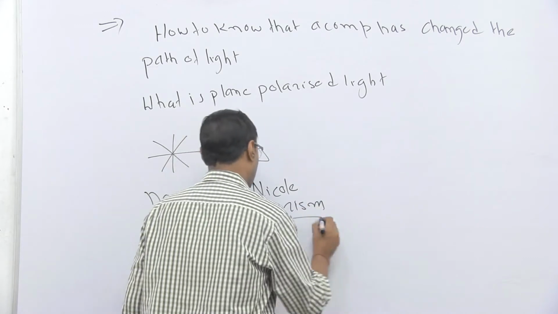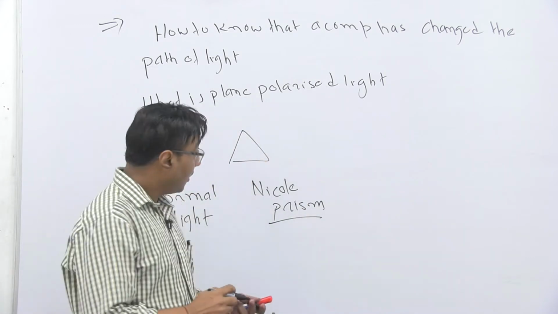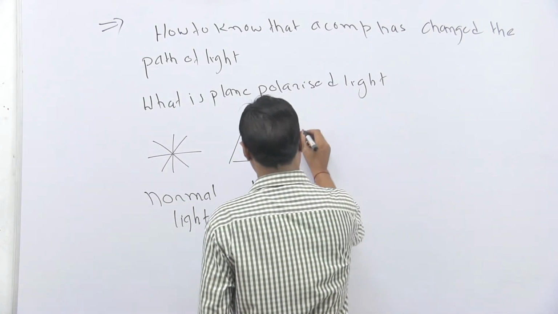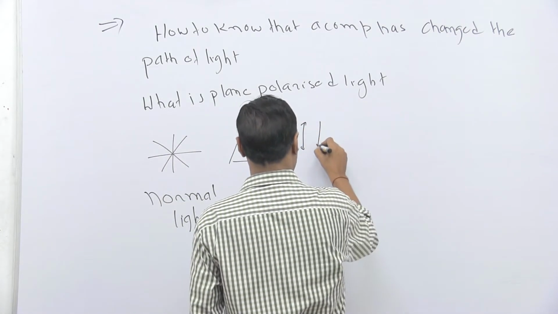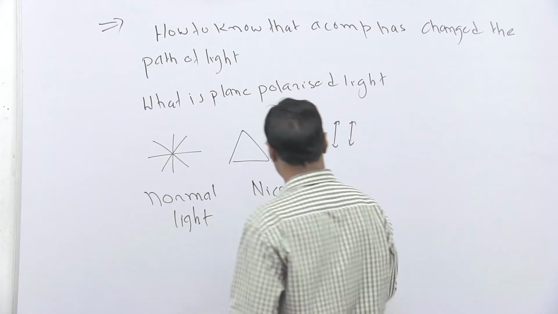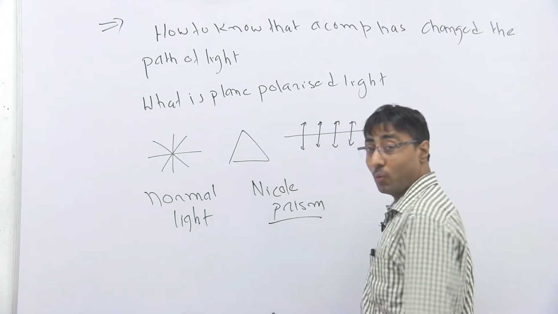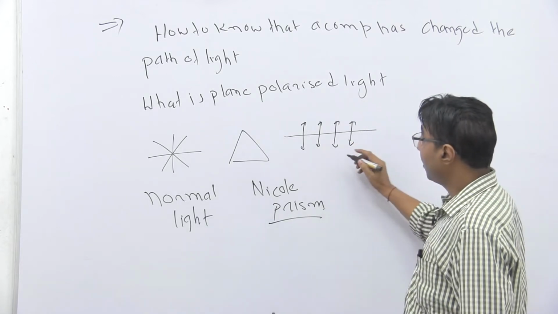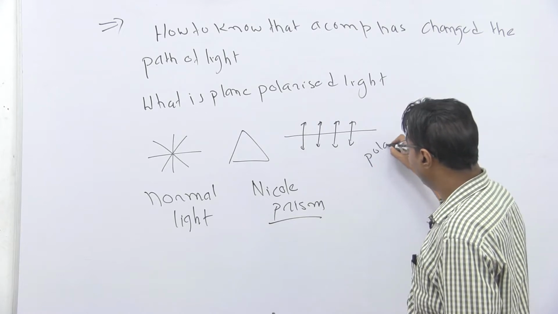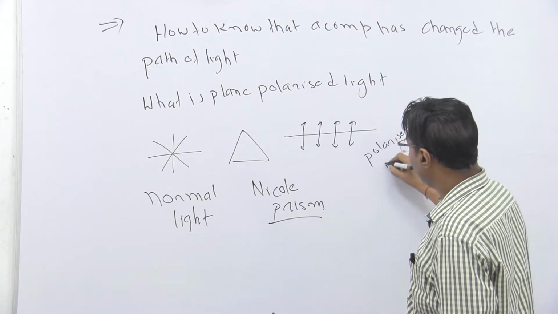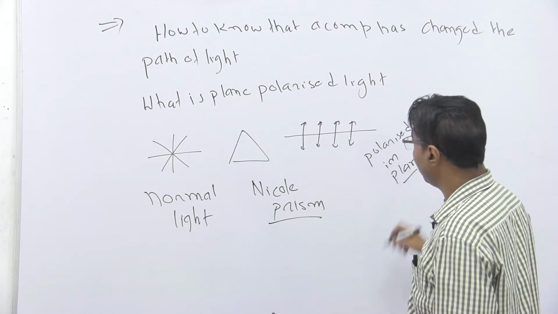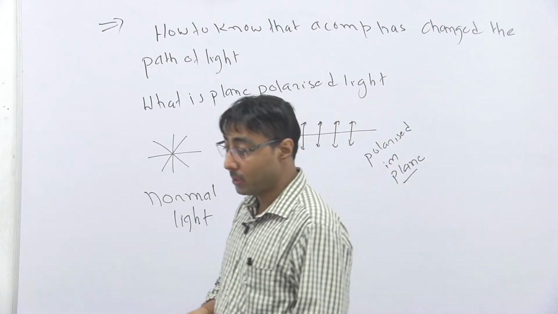The moment it passes through the Nicol prism, except one axis, all axes are filtered out, and the light which comes out from here oscillates, it vibrates along one axis. Now this light has been polarized in a plane. That's why it is known as plane polarized light.